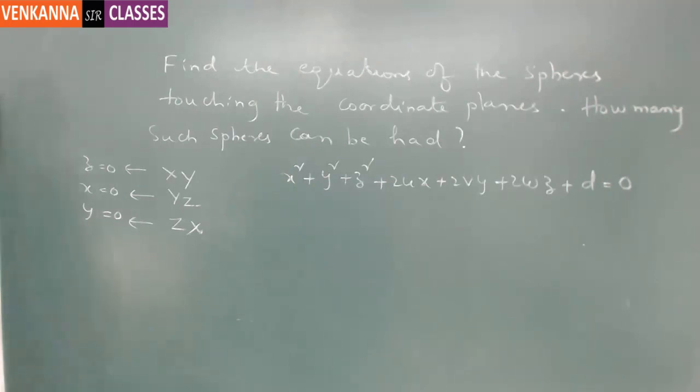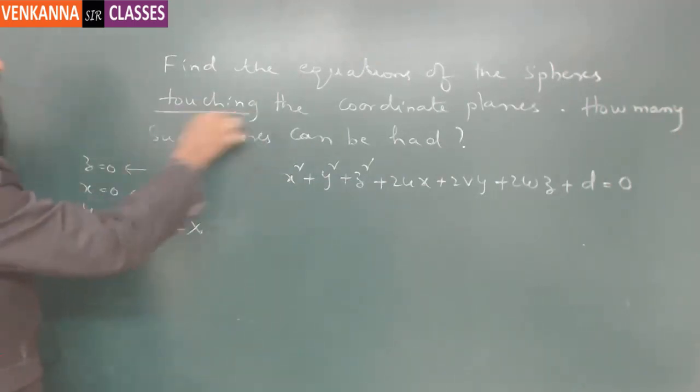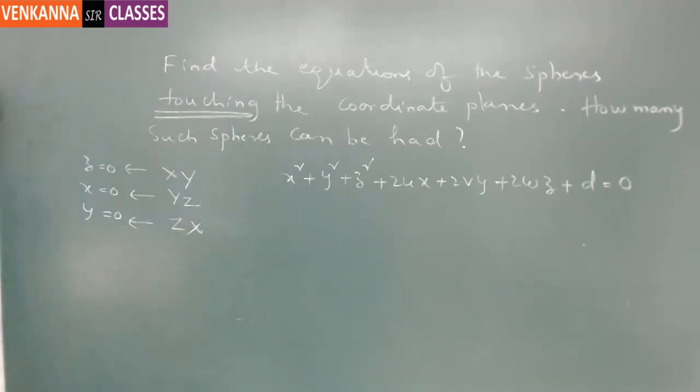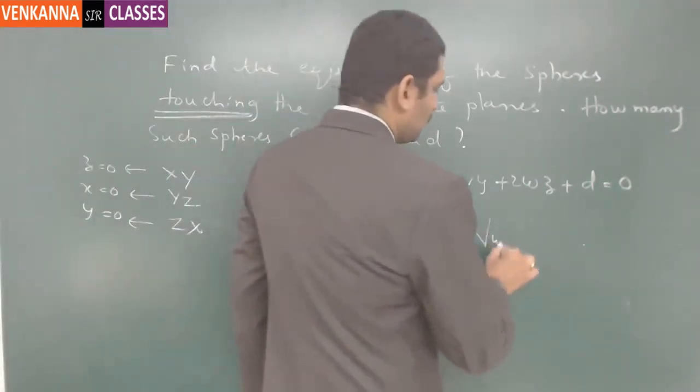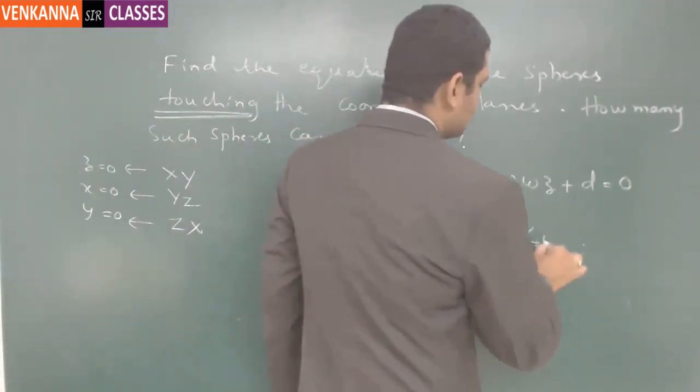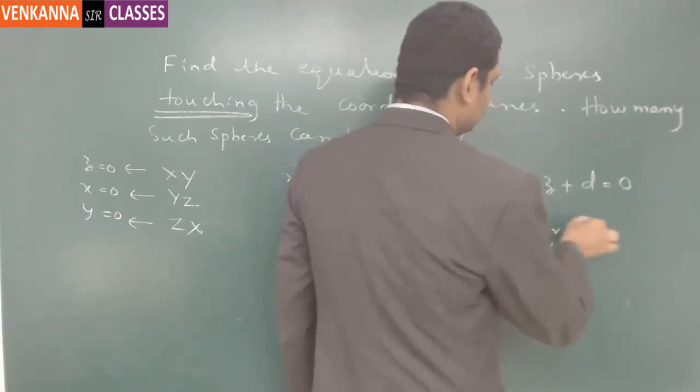So, since it is touching the planes, what is the touching condition? Distance must be equal to radius, isn't it? So, what is the radius of the sphere? Square root of u square plus v square plus w square minus d.